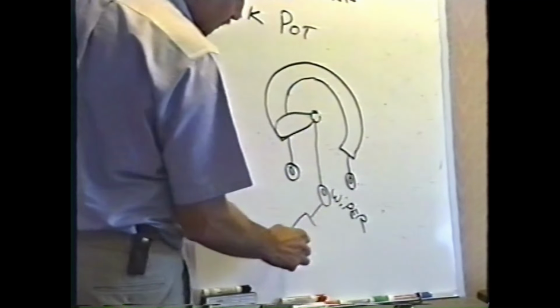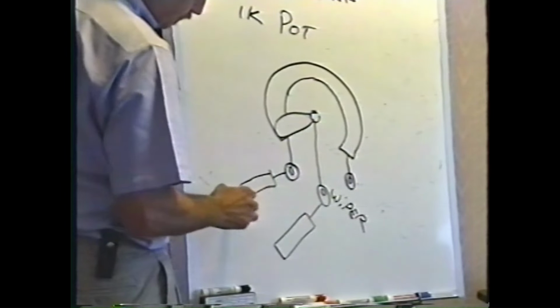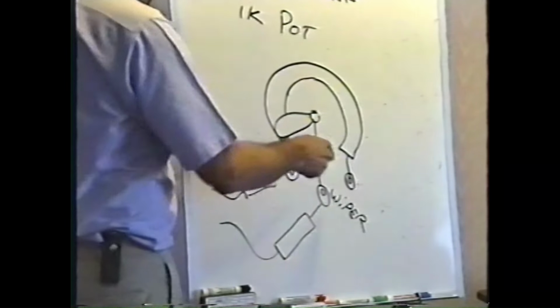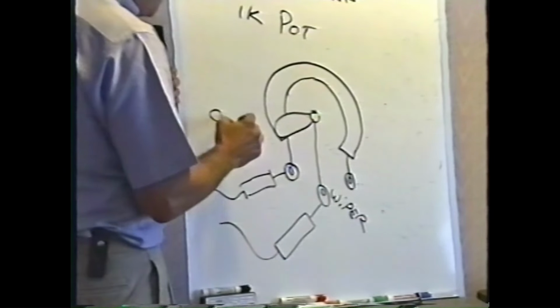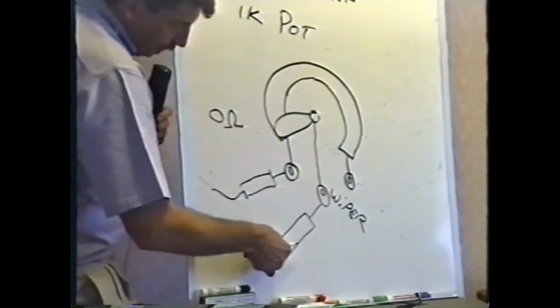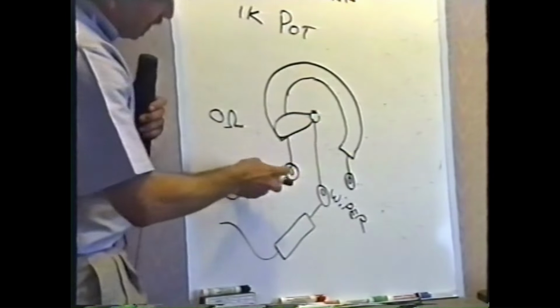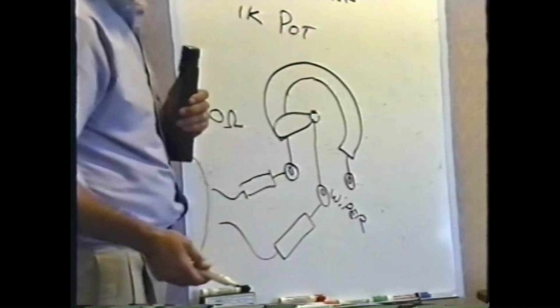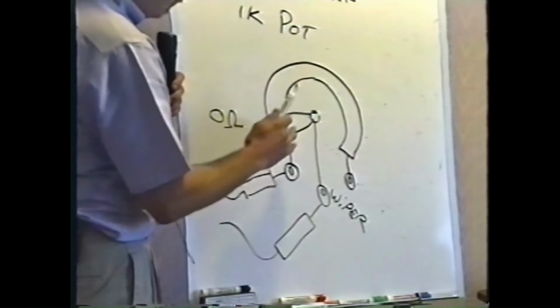If I were to measure the resistance with my meter, there's the meter probe. If the wiper was all the way at one side, right now I would have 0 ohms of resistance, because the meter would go through the wiper, right back out again. It never has to hit any of the resistance element at all, does it? It doesn't go through any of that at all. So that would be 0 ohms.